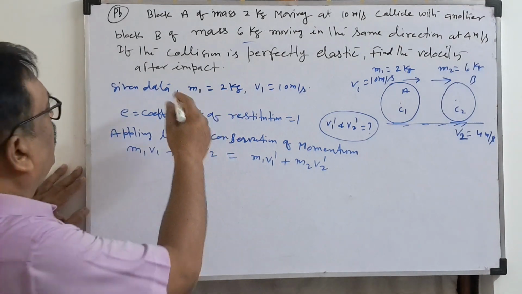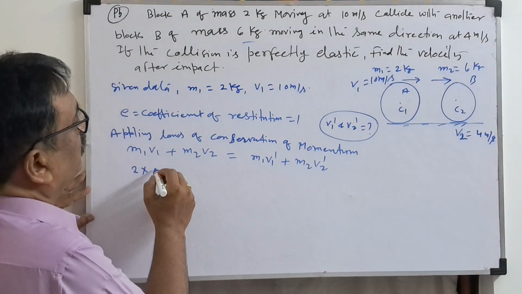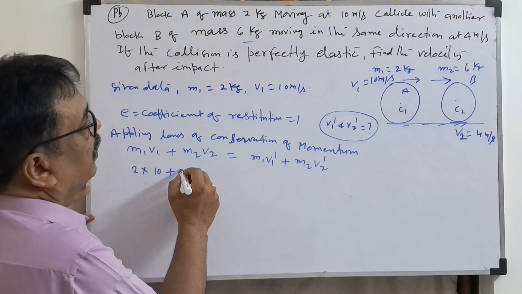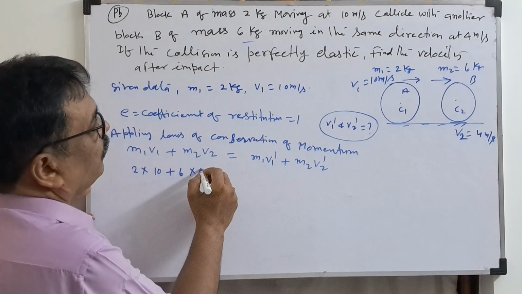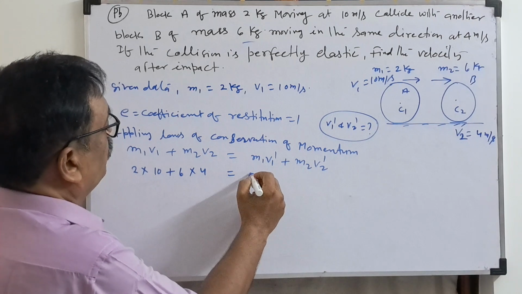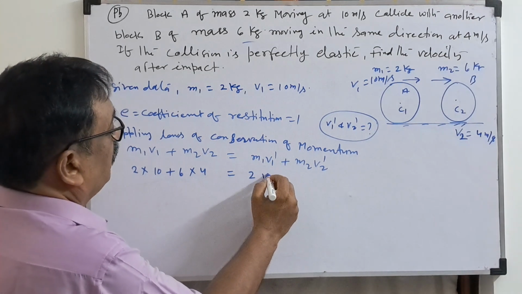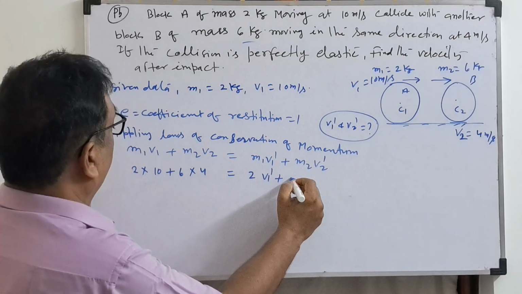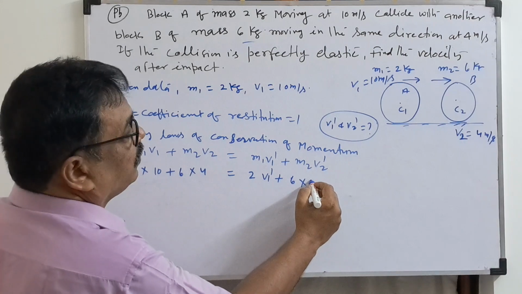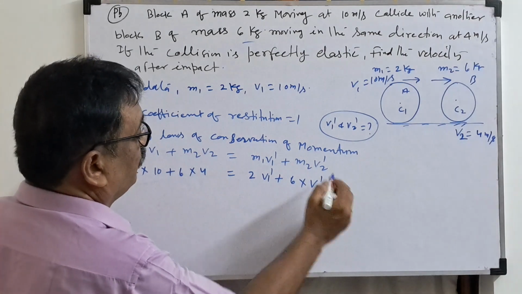Substitute all the values here. Mass is 2, velocity is 10, plus mass 6 into velocity 4, equal to M1 which is 2 times V1 dash, which we have to find, plus 6 times V2 dash, which we have to find.